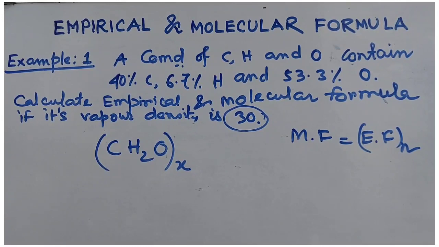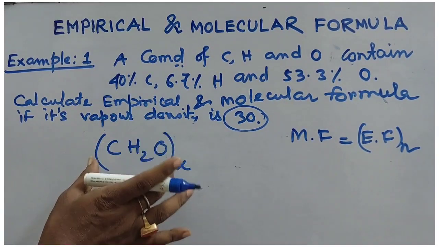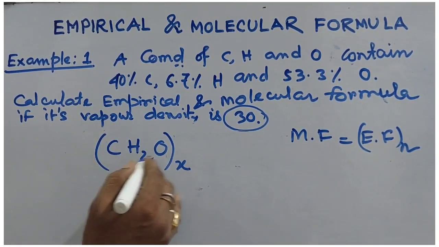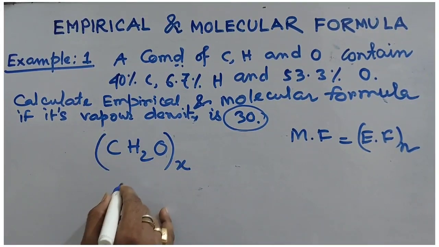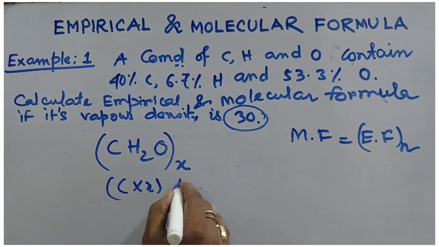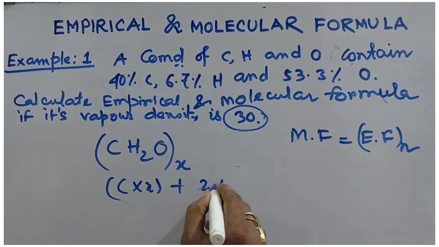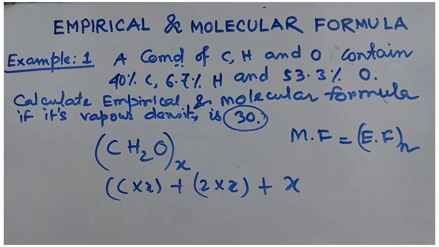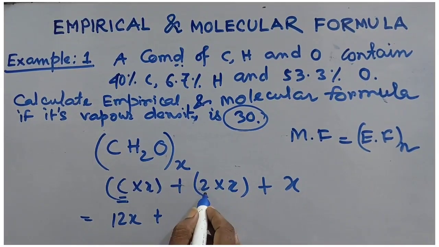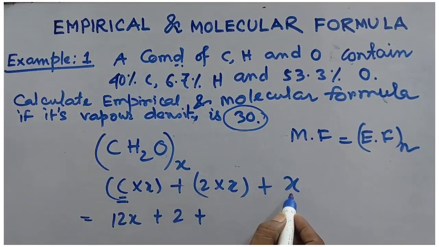Okay, so let us consider the molecular formula of that compound is CH2O whole suffix X. Therefore the carbon atom is 1 into X, hydrogen atom is 2 into X, and oxygen atom is X. Therefore the molecular weight will be the atomic mass of carbon 12, that is 12X, the atomic mass of hydrogen, that is 2X, and the atomic mass of oxygen is 16, that is 16X.